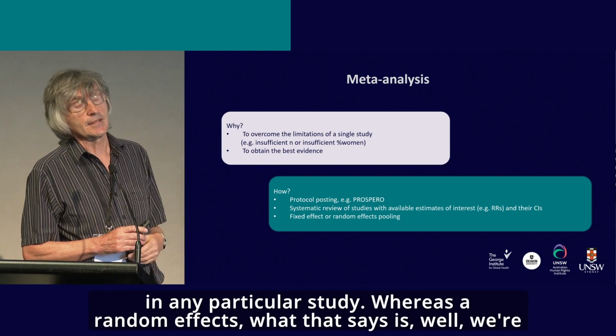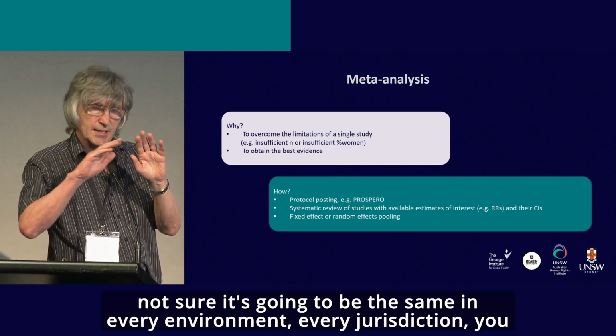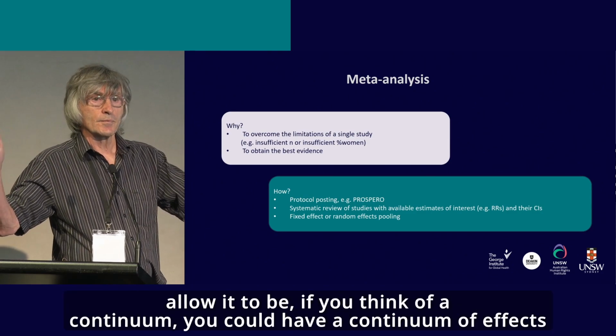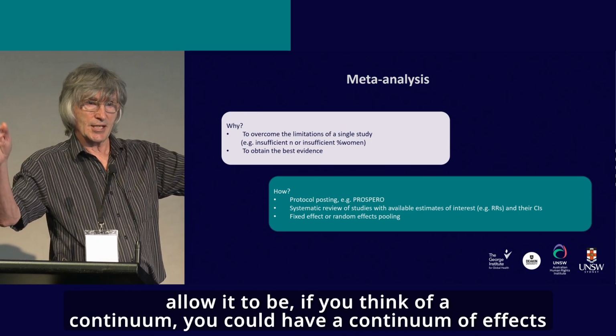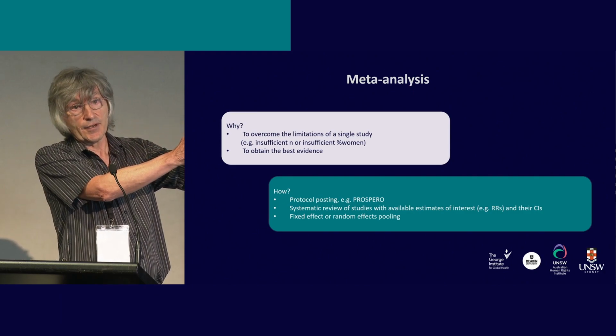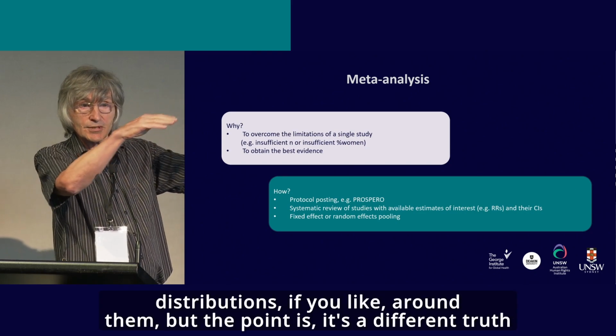Whereas random effects says, well, we're not sure it's going to be the same in every environment, every jurisdiction. If you think of a continuum, you could have a continuum of effects, which is the real thing for that particular environment. Within those, they've got sampling error around them, sort of like normal distributions, if you like.